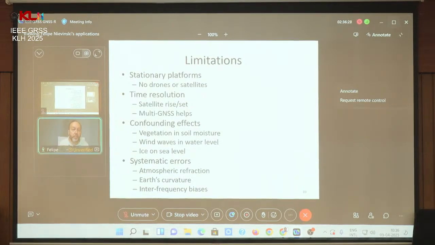The time resolution is a big limitation of GNSS-R because it's not defined by the sampling rate. Even if I sample at 1 hertz, I only get one altitude per satellite arc.